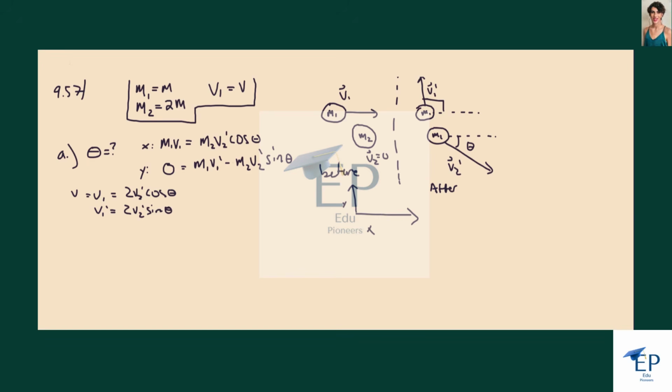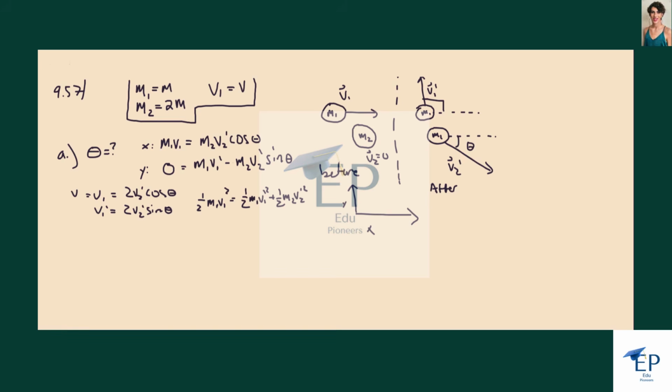Okay, we also know these collisions are elastic, so that means kinetic energy is conserved. So by conserving kinetic energy, we know that 1/2 m1 v1 squared equals 1/2 m1 v1 prime squared plus 1/2 m2 v2 prime squared.